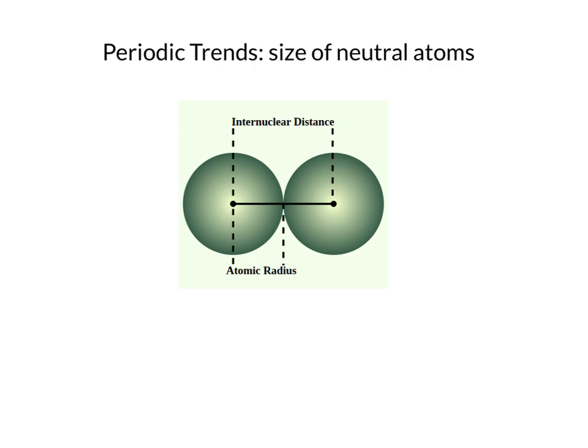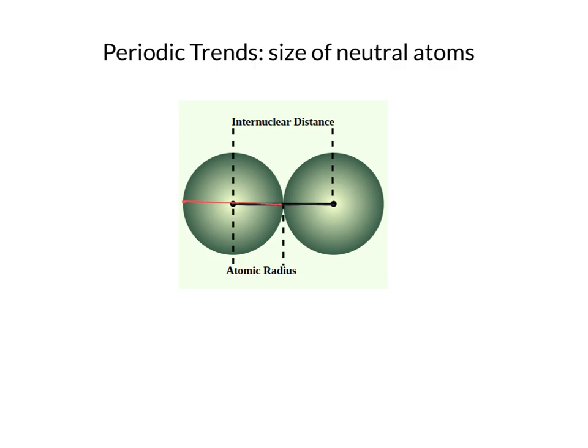So this distance here is equal to the distance across here. So the diameter of an atom can be defined by the distance of closest approach to another atom of the same kind.